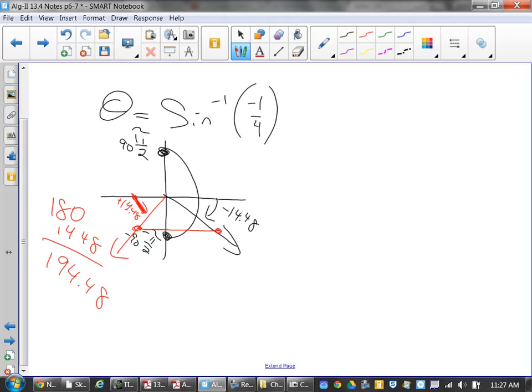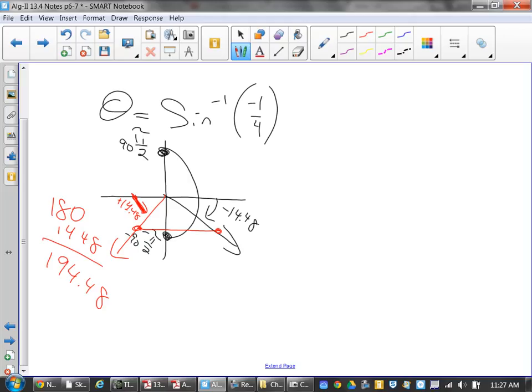The original question asked, what angle has a sine value that is equal to negative 1/4 that is in the third quadrant. Your calculator finds it in the fourth quadrant or the first quadrant. You need to utilize reference angles to bounce it to where it belongs.